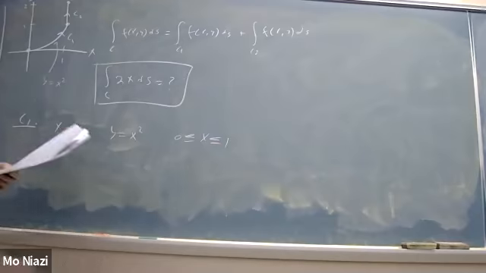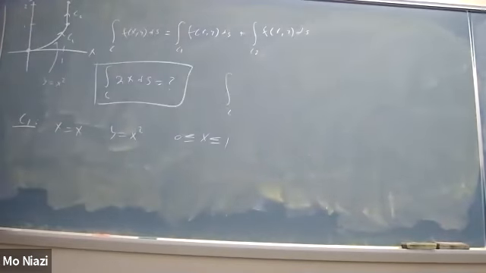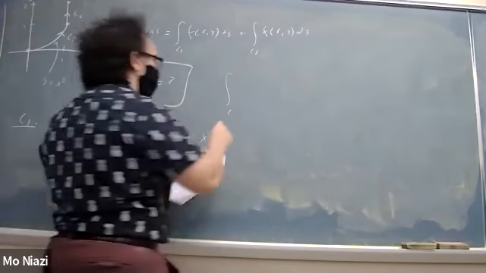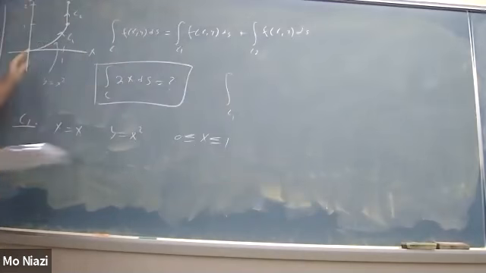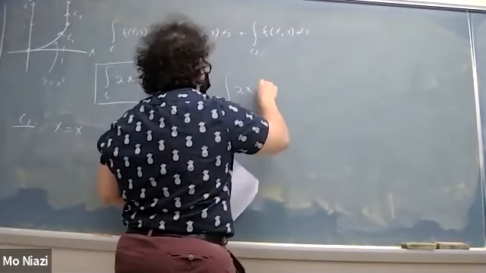We're talking about this first curve, C1. So then I replace this 2x ds with what it is, but x is just x, so it's still 2x ds.